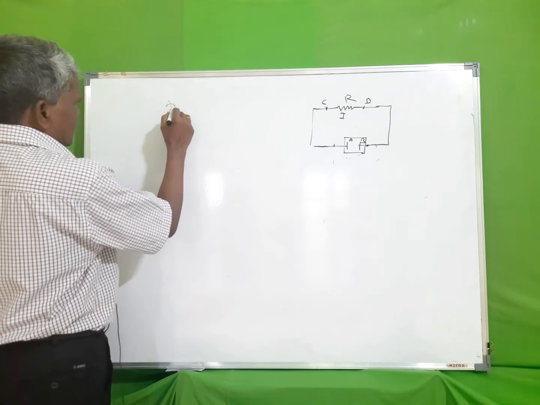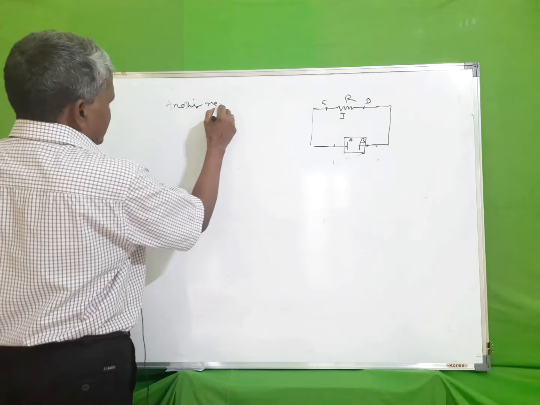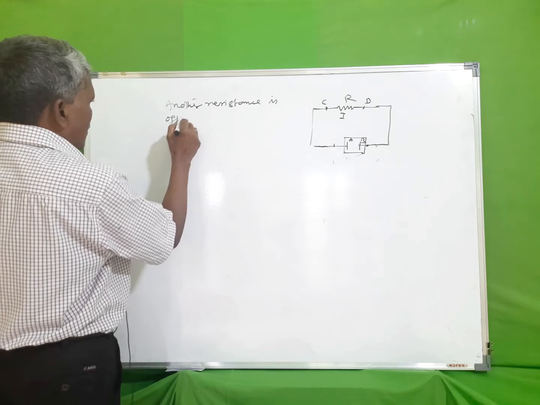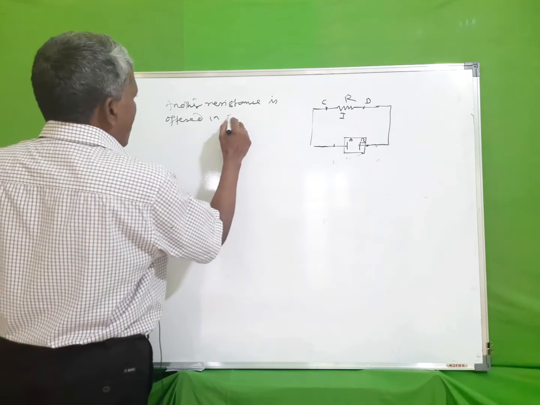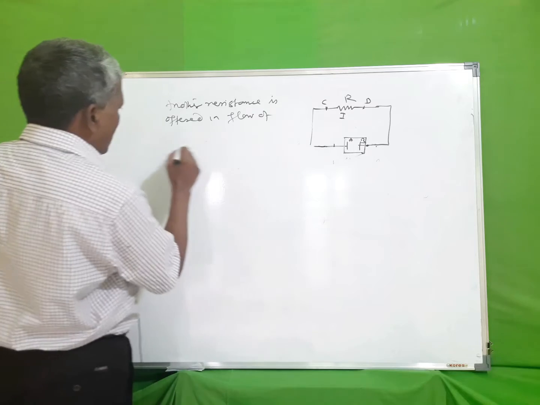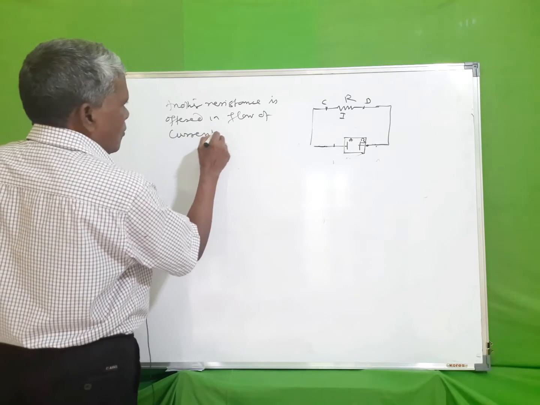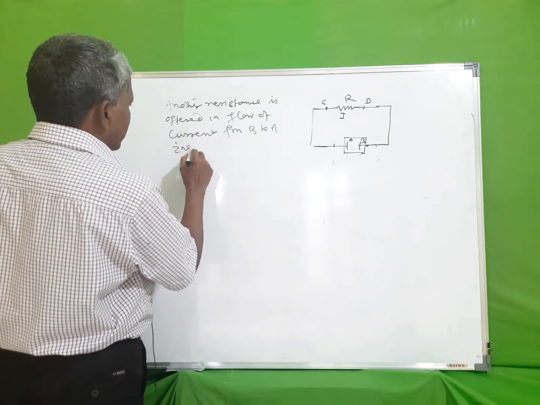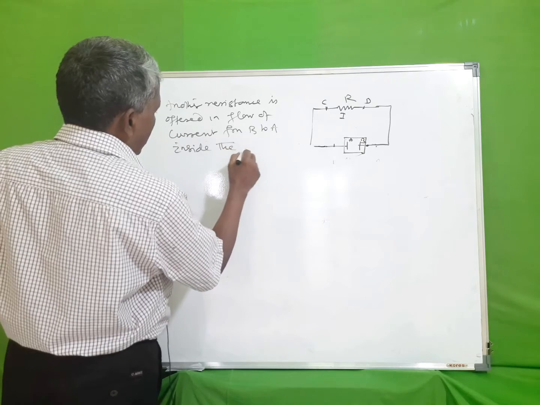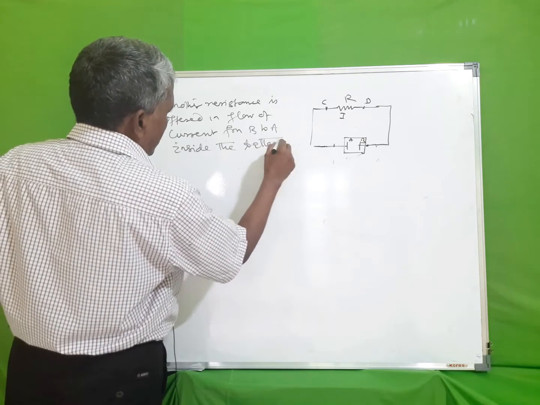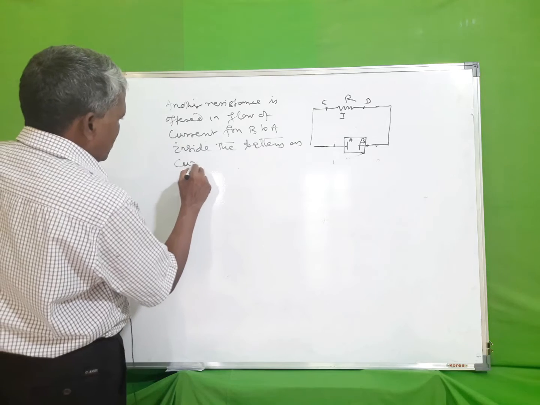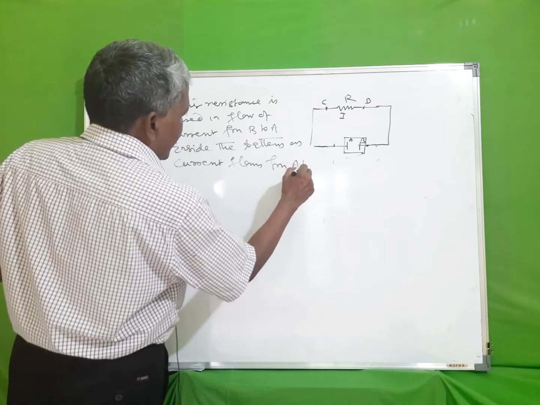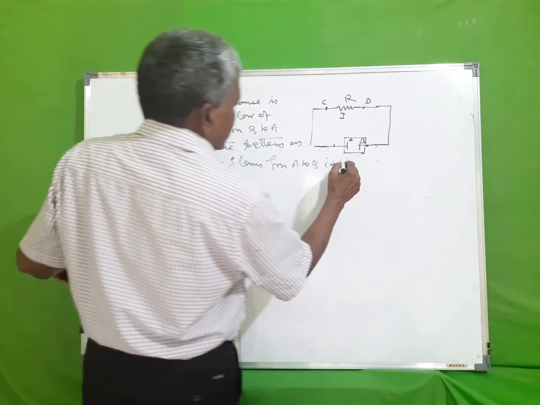Another resistance is offered in the flow of current from B to A inside the battery, as current flows from A to B in the external circuit.